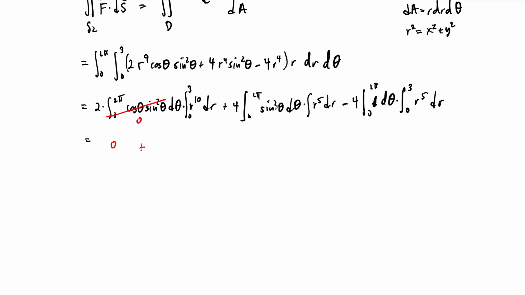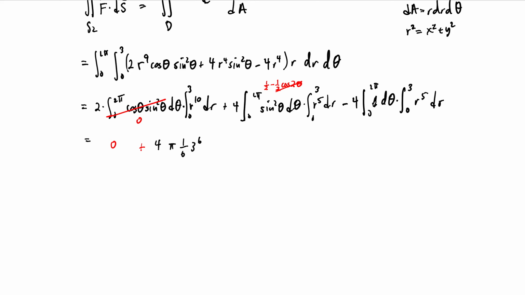This one needs a trig sub, so this gets swapped out for 1/2 minus 1/2 cosine of 2 theta. Again, this portion is gone, and so we just integrate up the half. So that just becomes pi, right? So this is plus 4 pi, and then this one was from 0 to 3, right? So this one's going to be 1/6 3 to the 6th power.